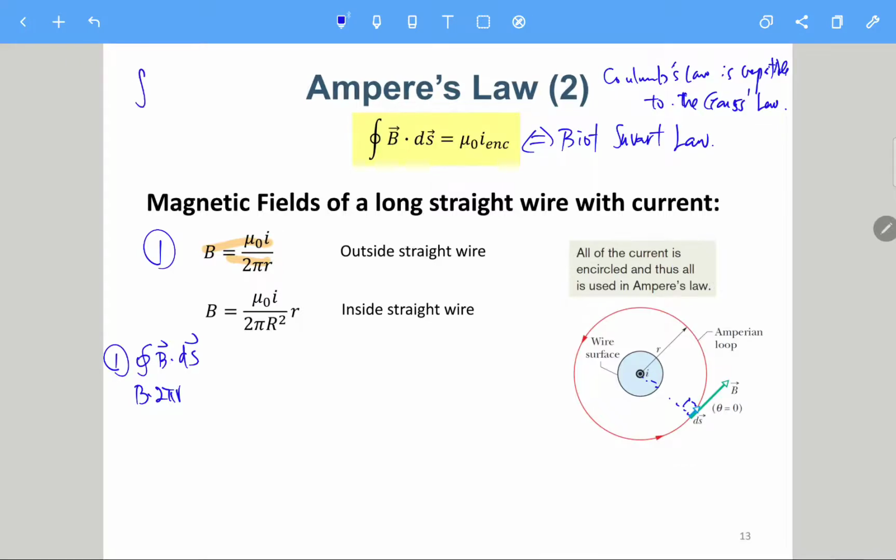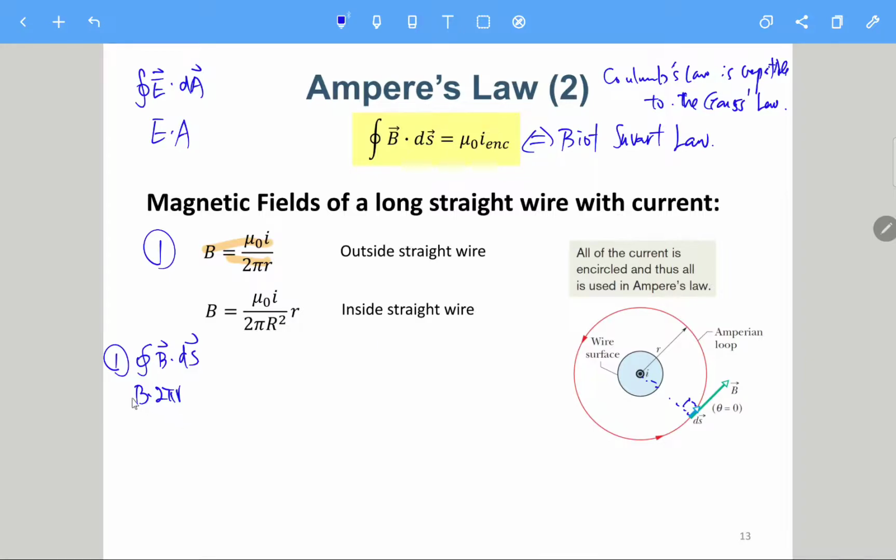This is similar to applying E dot dA: if E is uniform over the Gaussian surface, it is just E times A. Now, as B is uniform over this circle, it is always parallel to ds, so we just multiply B by the total length of the circle.